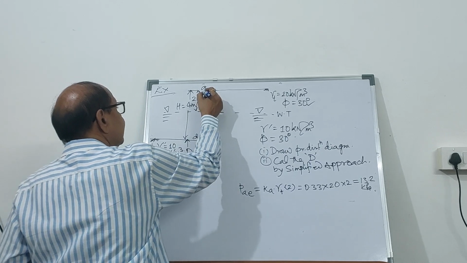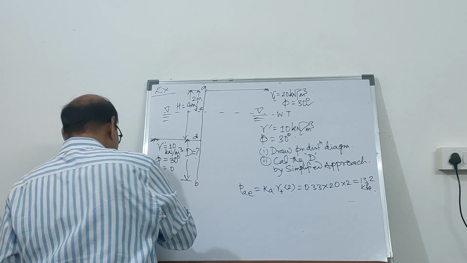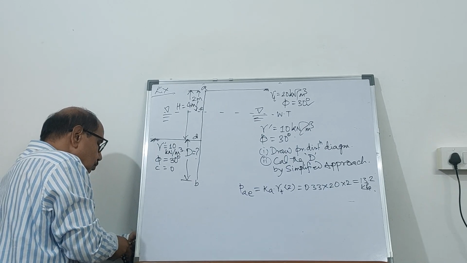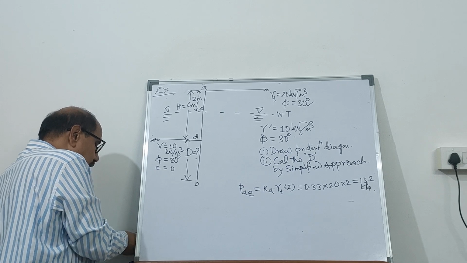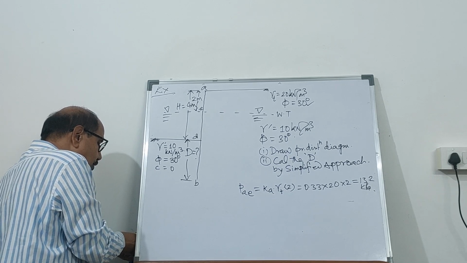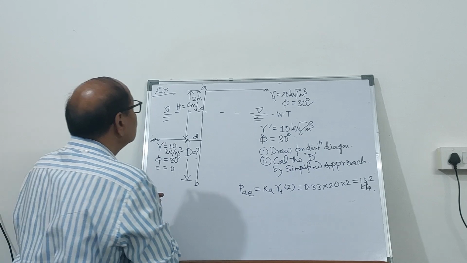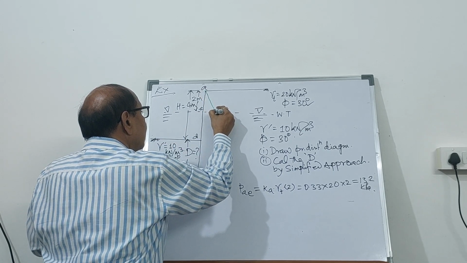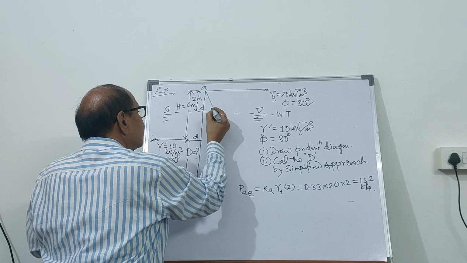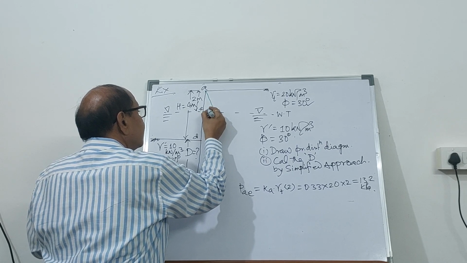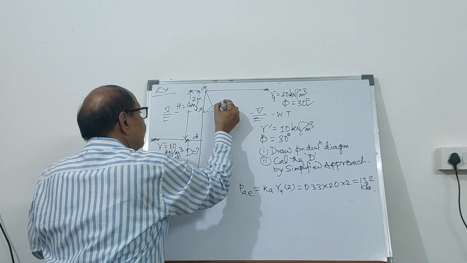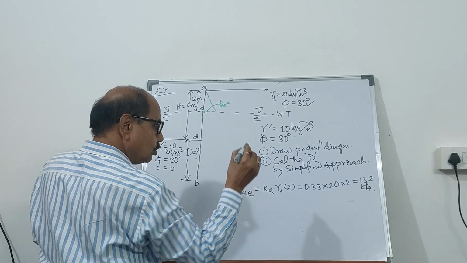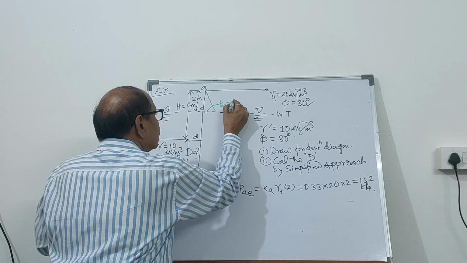So PAE is known to you. So pressure can be shown. Let's calculate and plot. From here up to here, the pressure here is called PAE equal to 13.2.